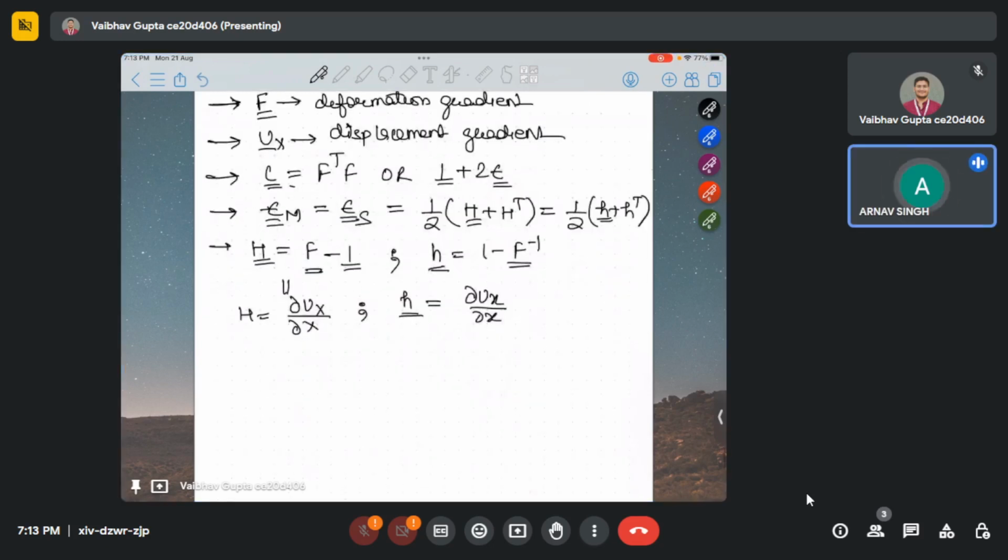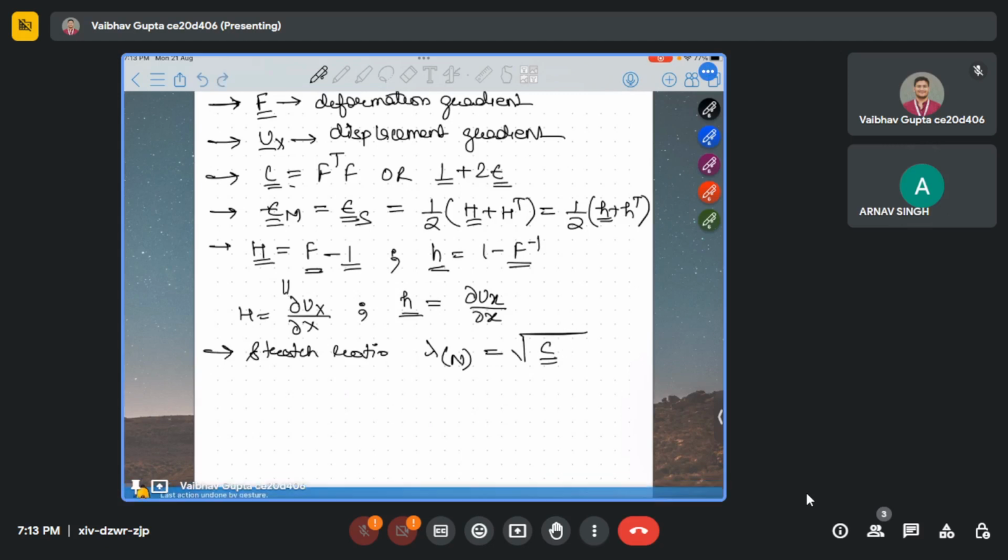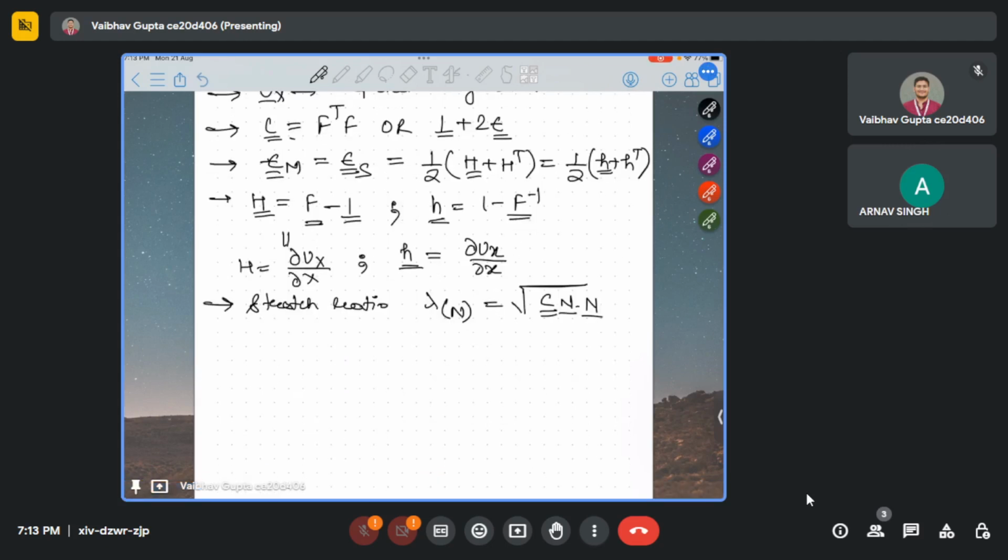Okay. Then we see stretch ratio. Lambda, which is nothing but under root of C n dotted with n, or lambda n minus 1 is equal to epsilon n dotted with n.